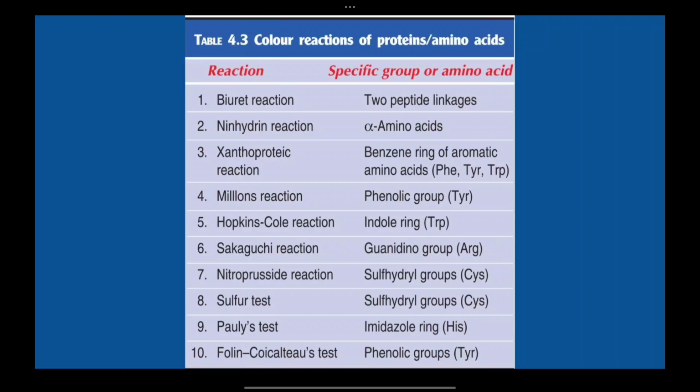These are different types of amino acids and groups, such as aromatic ring shaped amino acids, which we will be learning in the classification of amino acids. Just know the different reactions that can be used to determine the color, and use them to determine the presence of a specific kind of amino acid. So these are the color reactions.